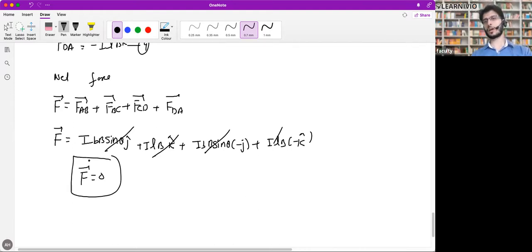So the net force on a current carrying coil in a uniform magnetic field is always zero.